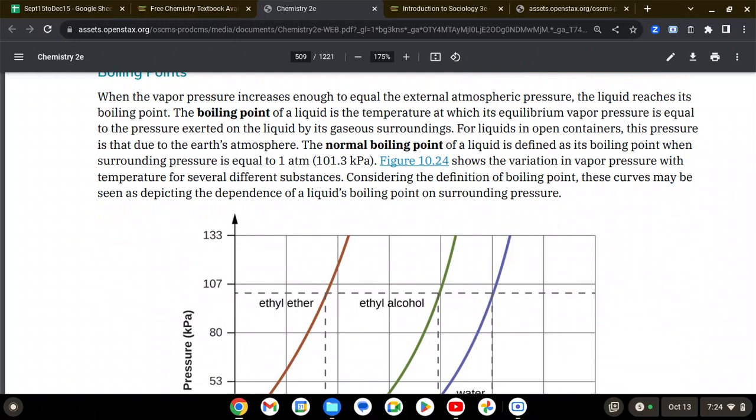The normal boiling point of a liquid is defined as its boiling point when surrounding pressure is equal to 1 atmosphere. Figure 10.24 shows the variation in vapor pressure with temperature for several different substances. Considering the definition of boiling point, these curves may be seen as depicting the dependence of a liquid's boiling point on surrounding pressure.